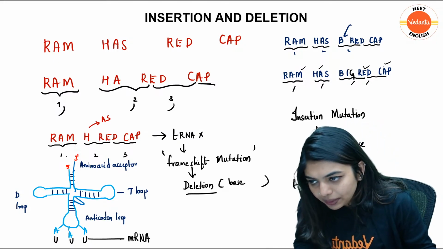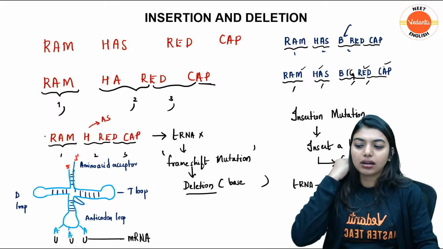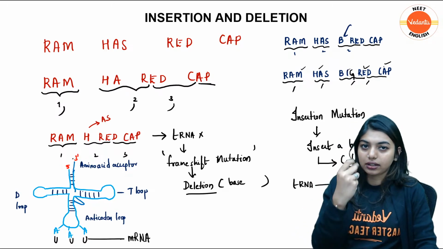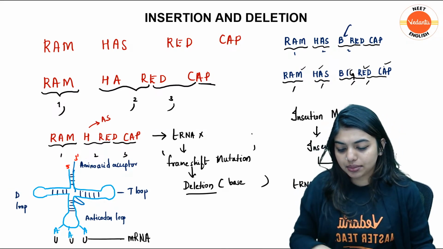So here phenylalanine will be binding. So that is the amino acid acceptor site.